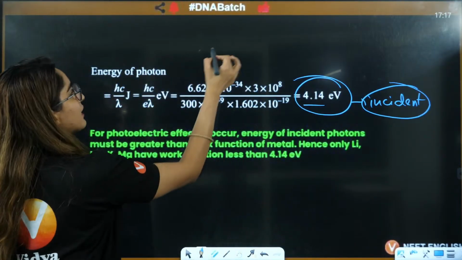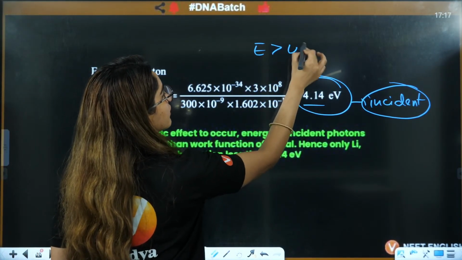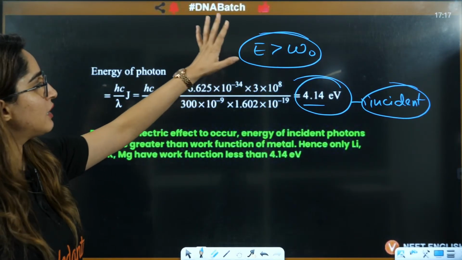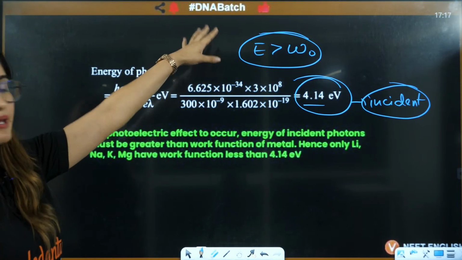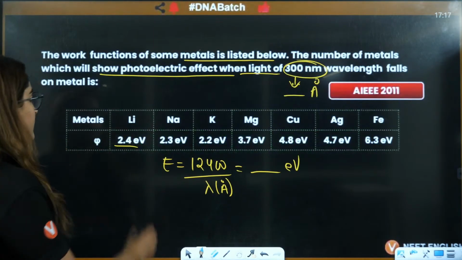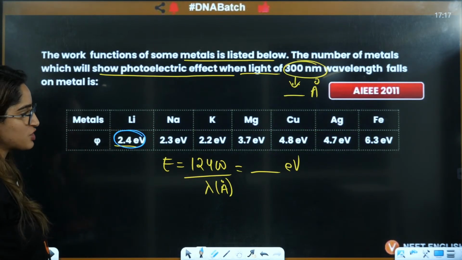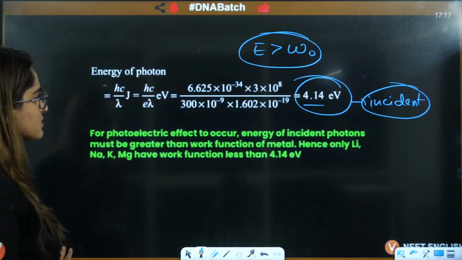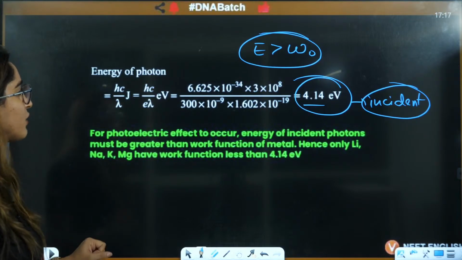This energy should be greater than the work function. If, let's say, 2.4 is the work function, and the incident light is 4.14.